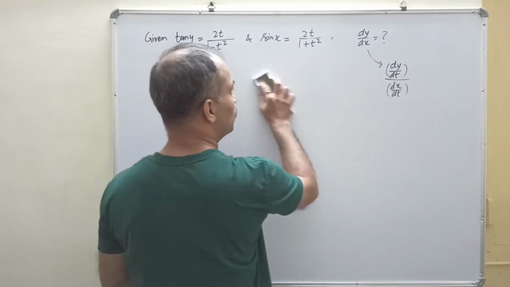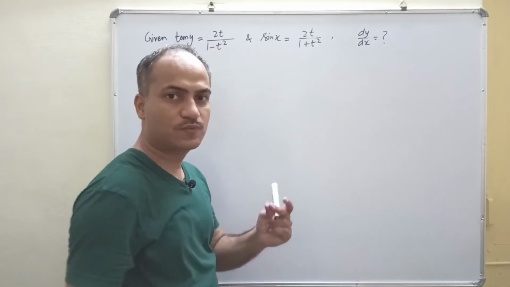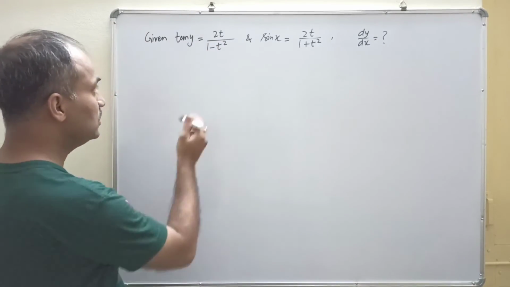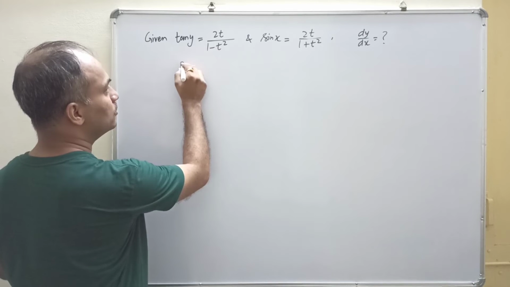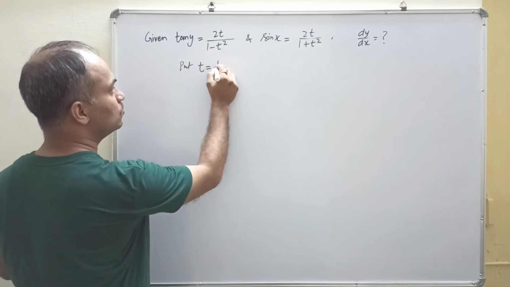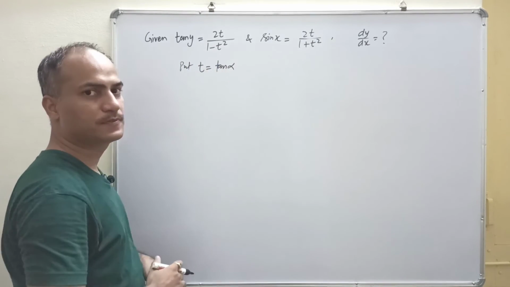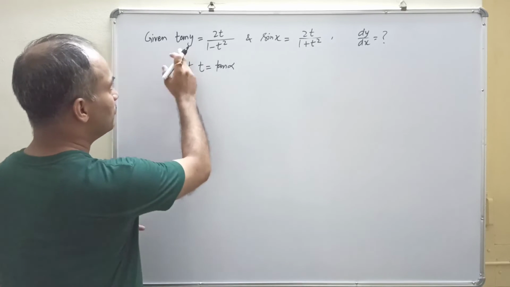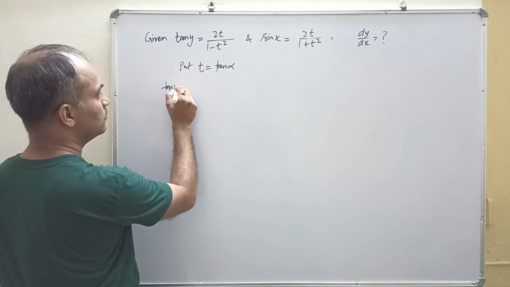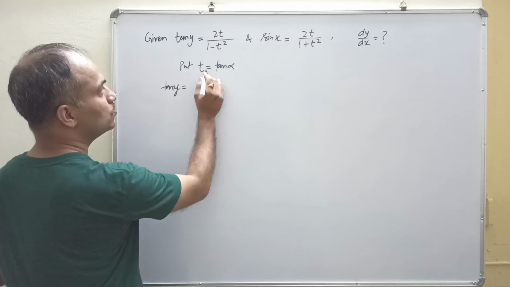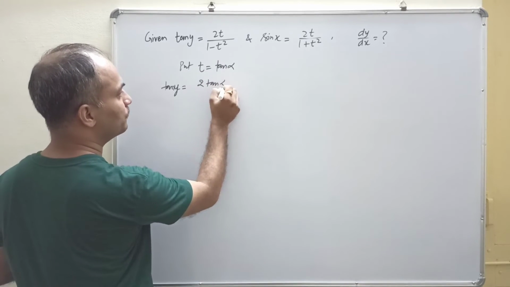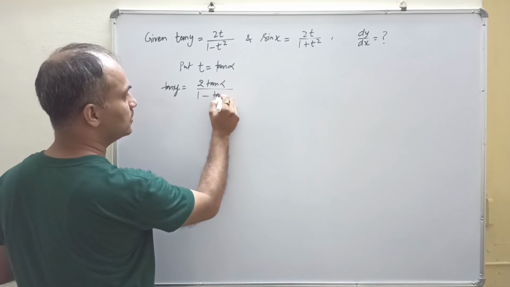Look at some other approach. Can there be some approach which can quickly do this question? Just think about it. If we put t is equal to tan alpha, what happens with this term? This tan y is equal to 2 tan alpha upon 1 minus tan square alpha.